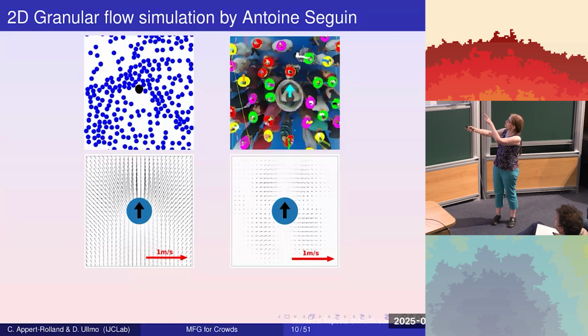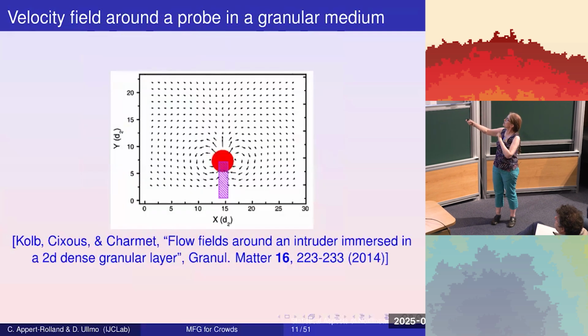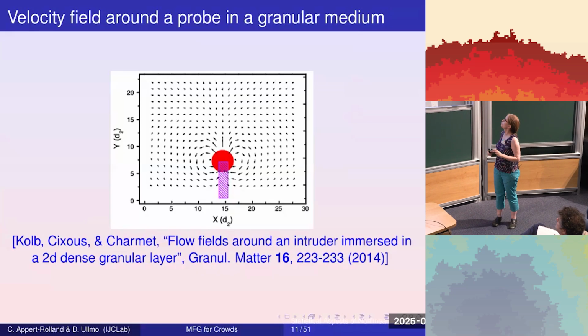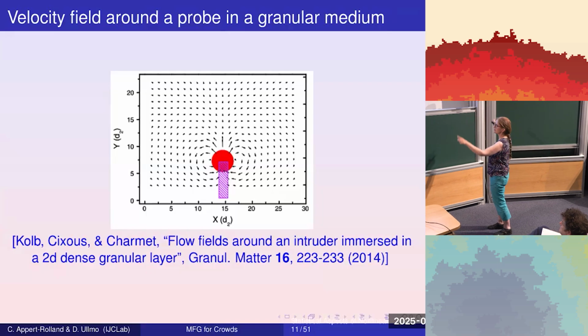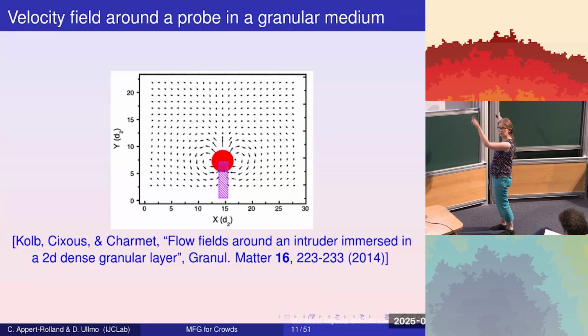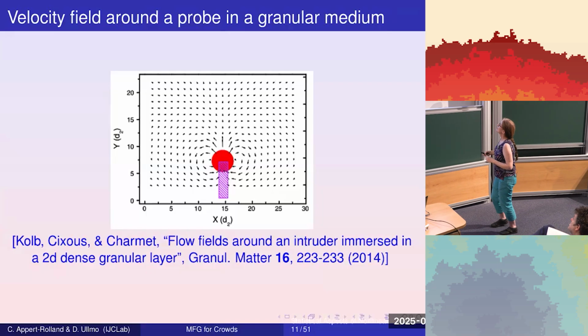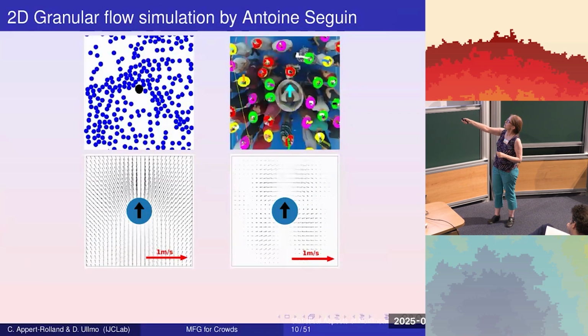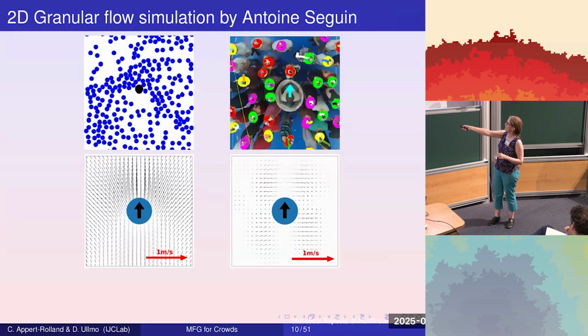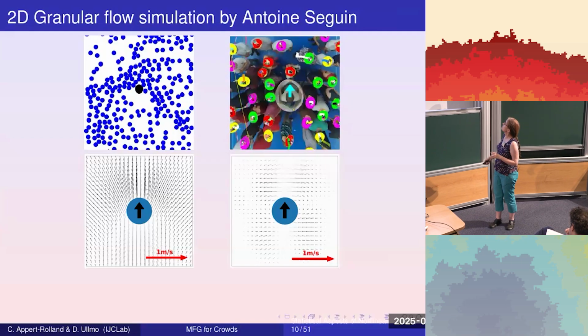Actually, before going further, I will show you an experiment. This is an experiment on granular matter. Again, it's a probe that you push, and you see that the grains are pushed in front of the cylinder, and there is a recirculation like a butterfly shape. Here on the left, we don't see the full butterfly, but there is a recirculation.